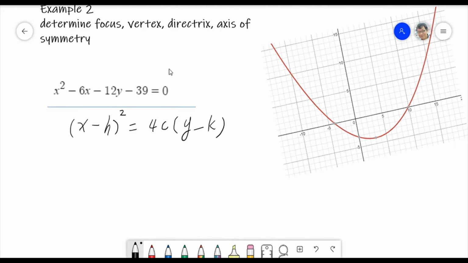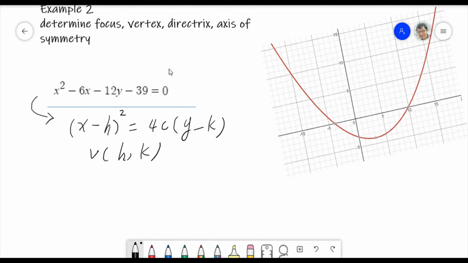So what is h, what is k? If you remember, it should be the vertex (h, k), right? Now it's simple. We have to change the equation to make it look this way.